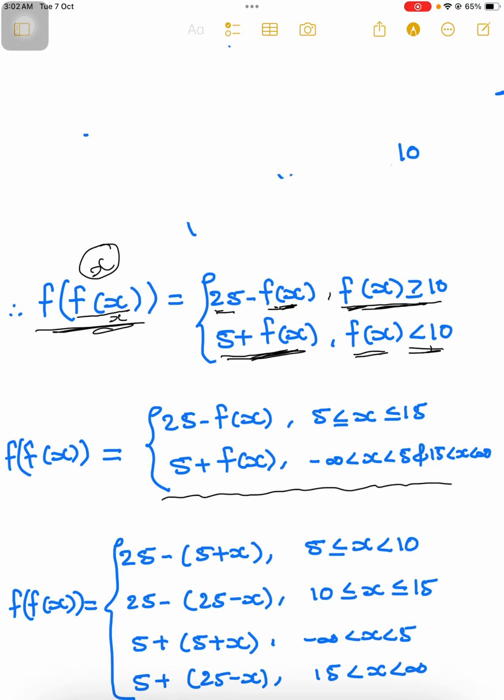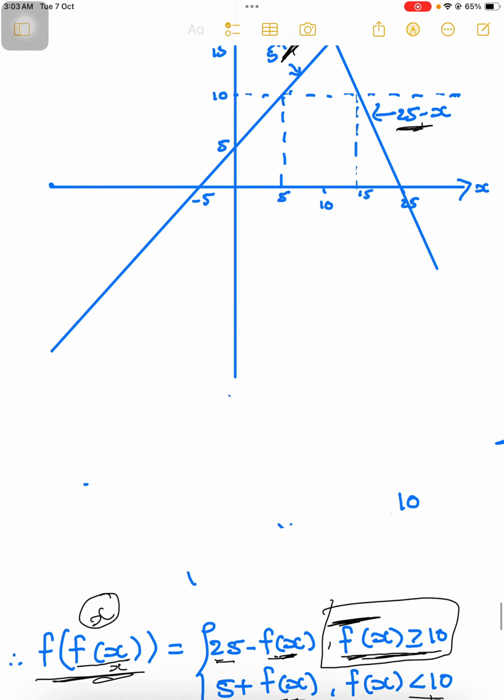This step is very important. Many students get confused in these steps. See carefully: f of f of x equals 25 minus f of x, where f of x is greater than or equal to 10.